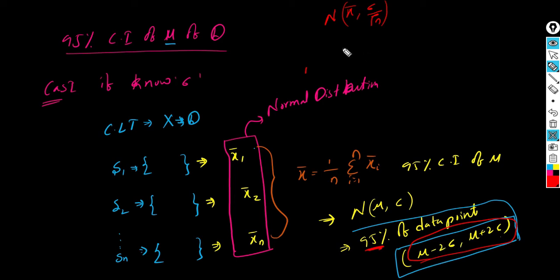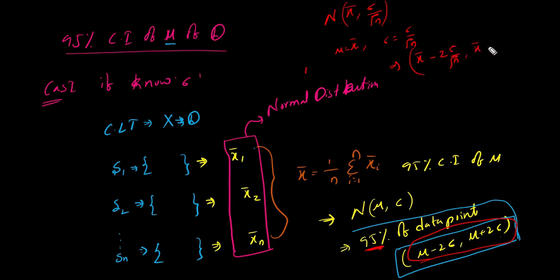Here the mean is x bar and the standard deviation is sigma by root n. Now replacing those, x bar minus 2 sigma by root n is the lower limit, and the upper limit is x bar plus 2 sigma by root n.